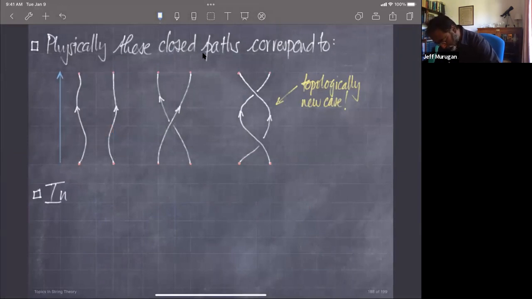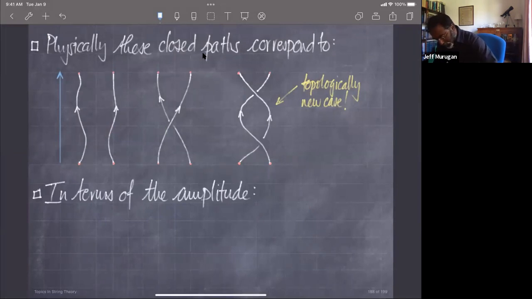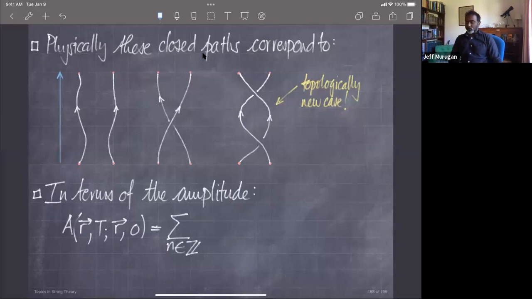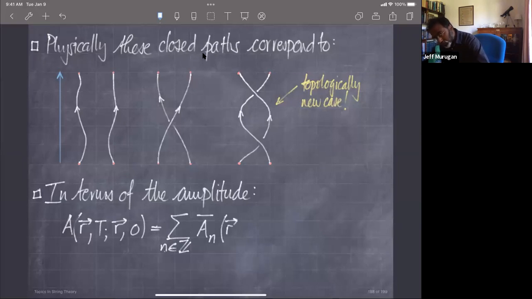In terms of the amplitude, this means that I can write A of R, T, R naught equal to a sum over what is effectively the winding number of paths computed in the covering space and labeled by n, A_n of R, T, R naught.